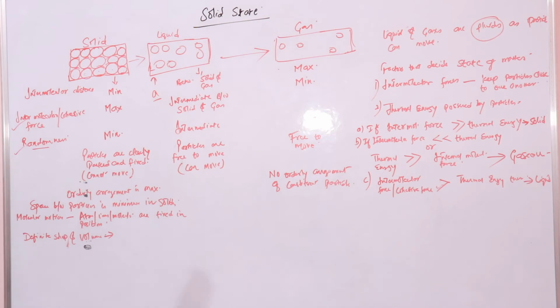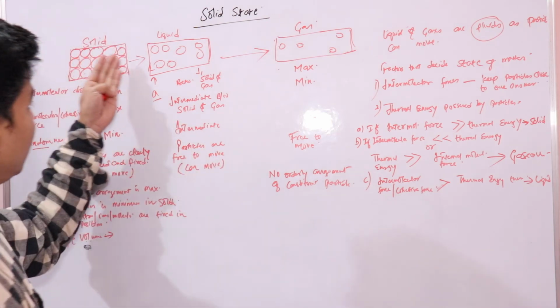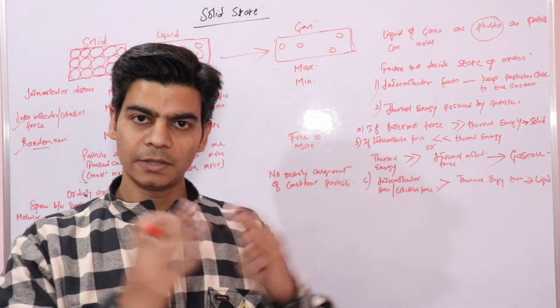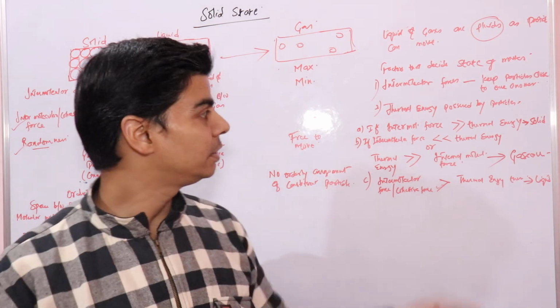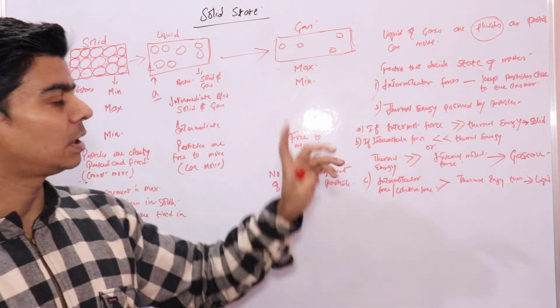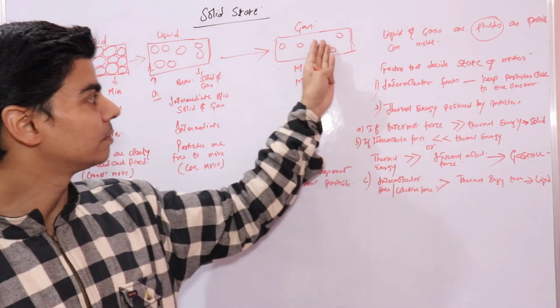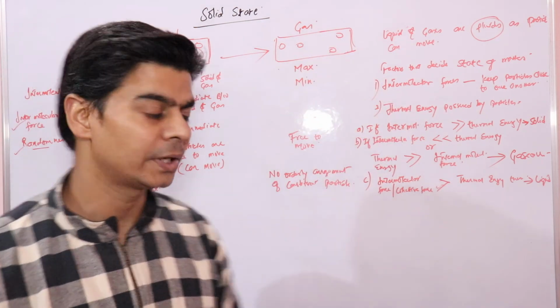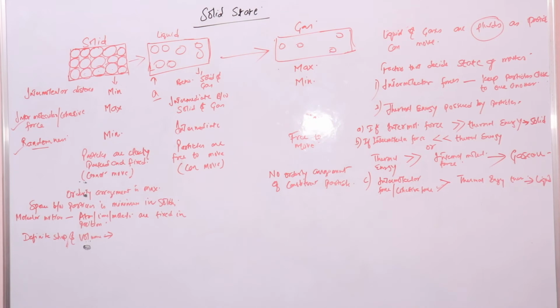So if particles are orderly arranged, it will give shape to the solid, right? If you compare it with gases, since in gases the particles are not orderly arranged, they are randomly moving in all directions, so gases have no shape. But in case of solids, since the particles are orderly arranged, they have definite shape and volume, right?